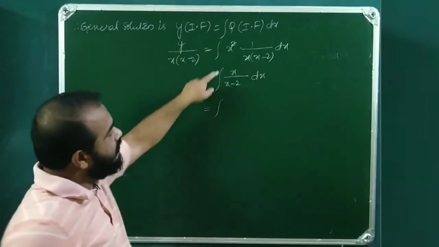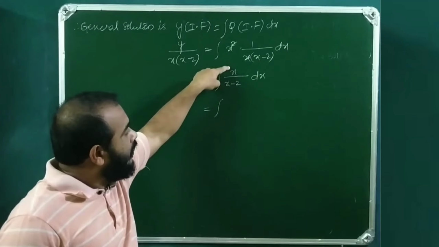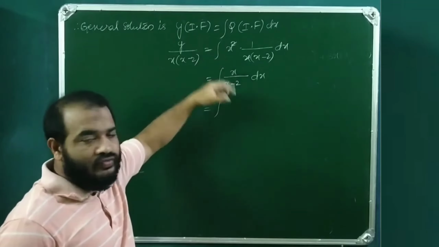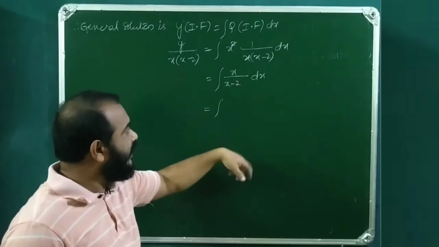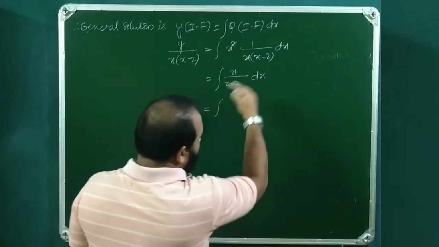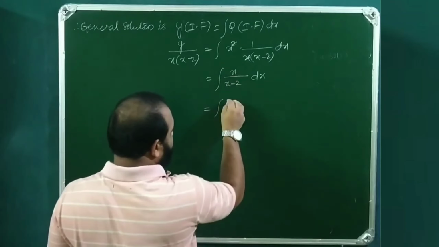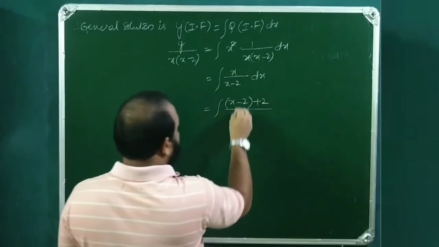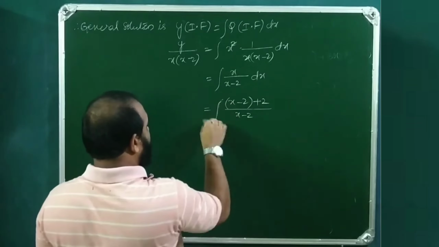This is again an improper fraction where the degree of numerator and denominator is 1. So let us divide x by x minus 2. Instead of that, we can even adjust. x can be written as x minus 2 plus 2 by x minus 2 dx.